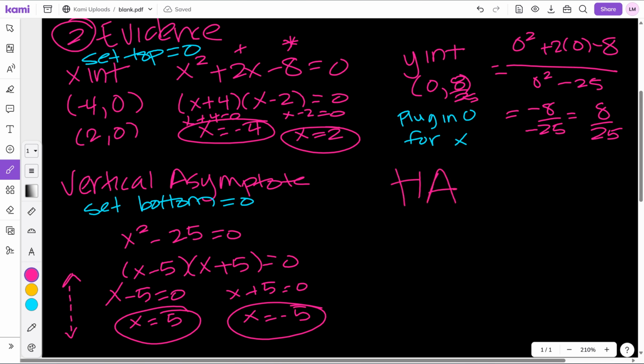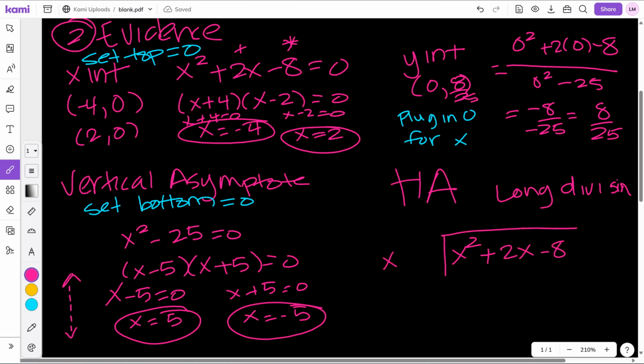Horizontal asymptotes, wow, that's really large. Horizontal asymptotes are talking about end behavior, and we use long division to find those. So I have x squared plus 2x minus 8 divided by x squared minus 25. So remember, what do I multiply by x squared to get x squared?